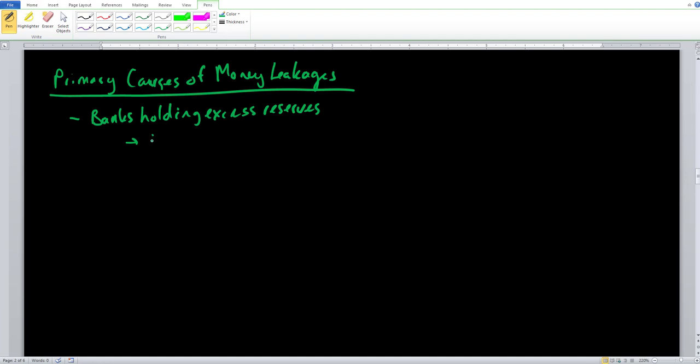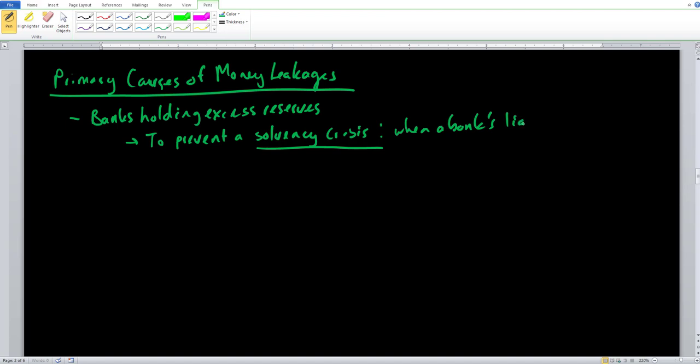One reason is to prevent solvency crises. A solvency crisis is a unique situation when a bank's liabilities exceed its assets.